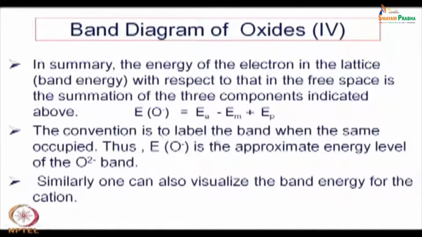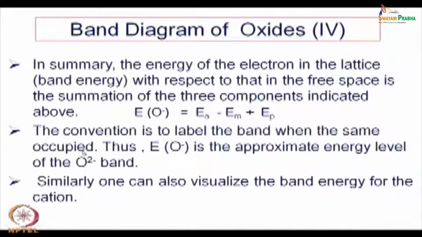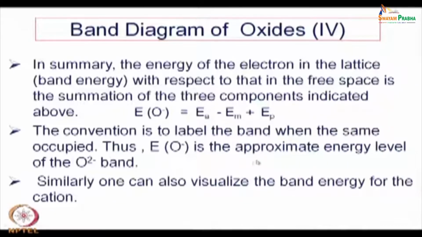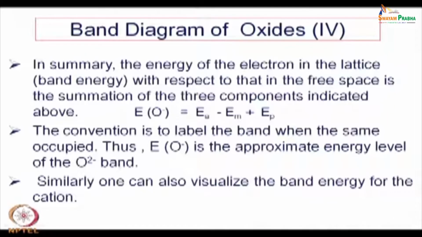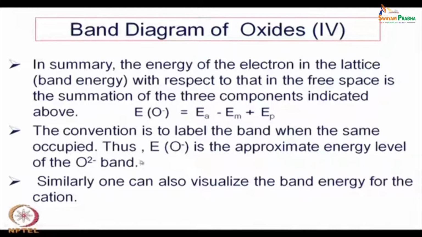The convention is to label the band when it is occupied. Thus E O minus is the approximate energy level of the O2 minus band. The convention is, we do not designate this as O minus, although we are talking about what happens to O minus, where we are adding an electron.